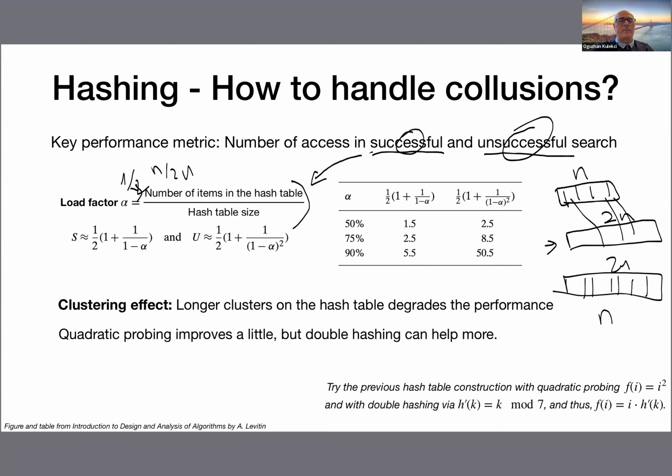When this load factor approaches 1, that means many of the cells are occupied and you have very few vacant cells. This is not good for my search, because whenever I search with the hash function, I land on a position and then I keep accessing the items until I hit a vacant position. If I have very few vacant positions, then I will be spending a lot of time in the clusters.